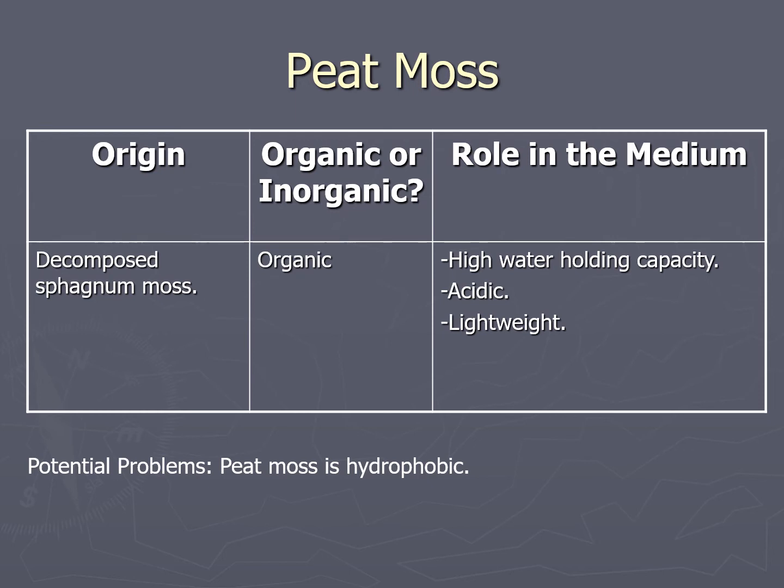And sphagnum peat is lightweight. A potential problem is that sphagnum peat is hydrophobic, which means that it is water-fearing, at least when it's dry, versus something that is hydrophilic, which means water loving.